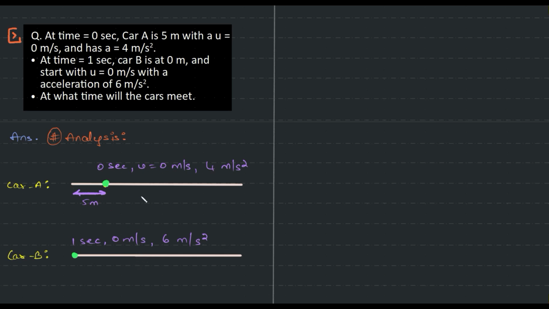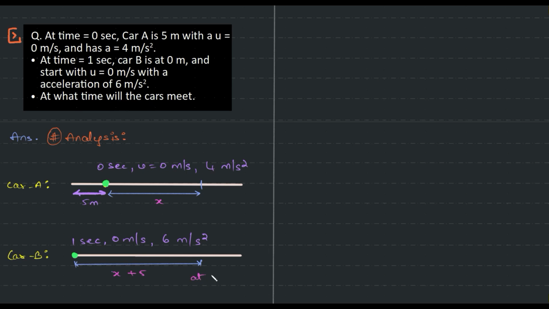Now, both the cars have to meet somewhere. And say that distance is x. So basically, this will be x plus 5. Is that right? So this has traveled x meters and this has traveled x plus 5 meters at a time t.